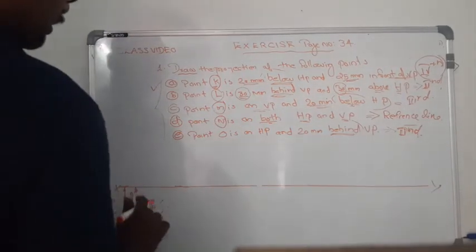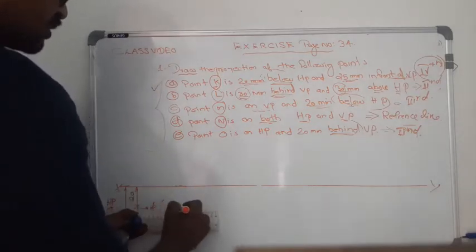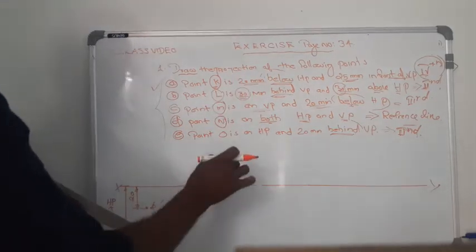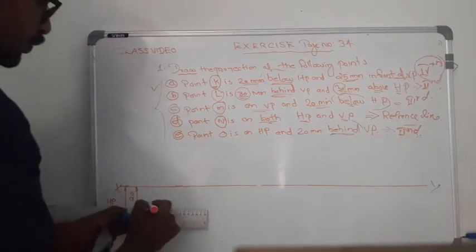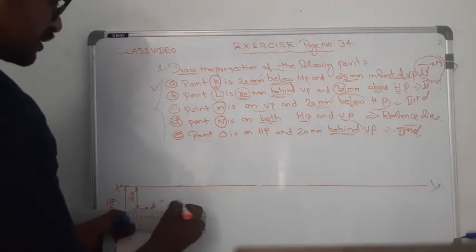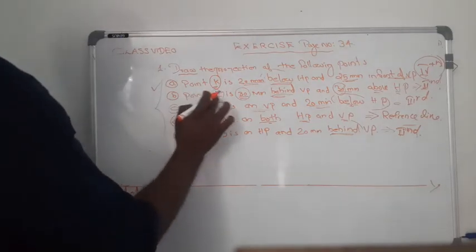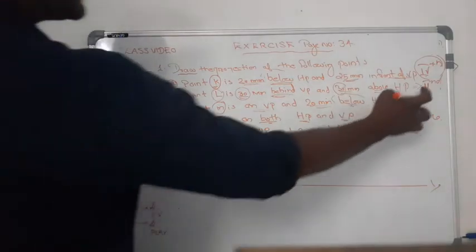Now take a 30 mm distance from this point, because every question has a 30 mm distance apart from each other. So we have to measure a 30 mm distance and attempt the second one. Our second question is point L, 30 mm behind VP and 30 mm above HP. This is in the second quadrant.